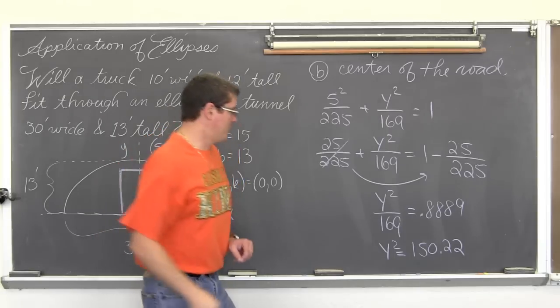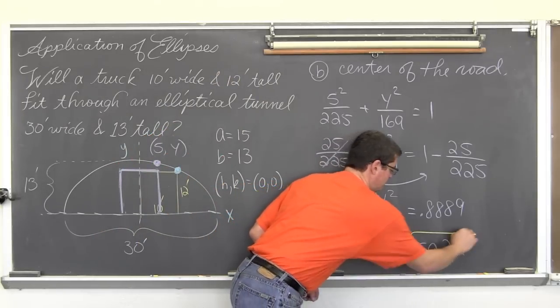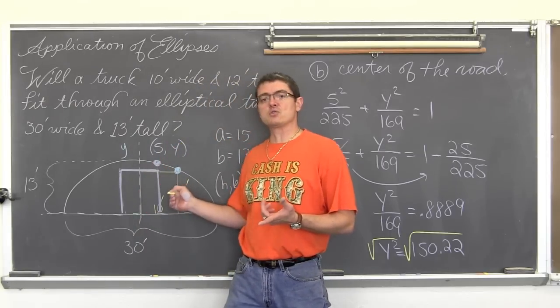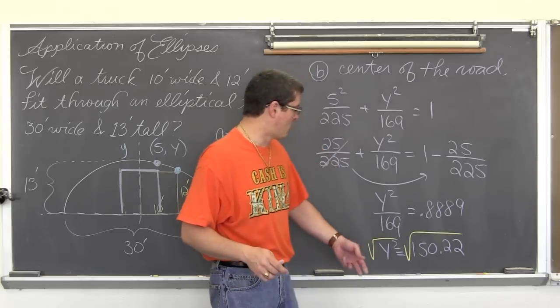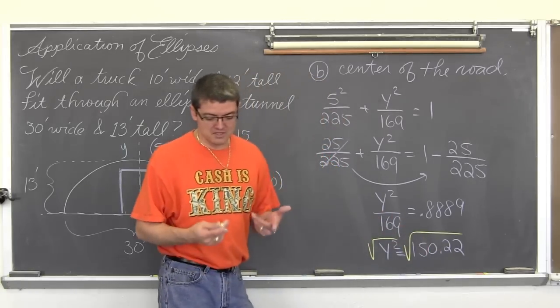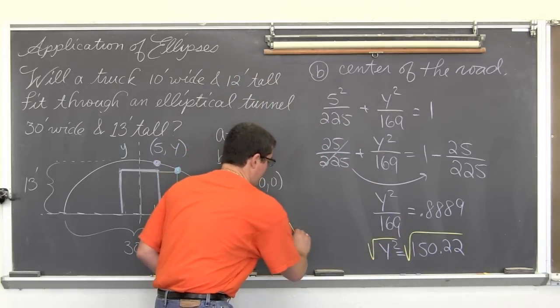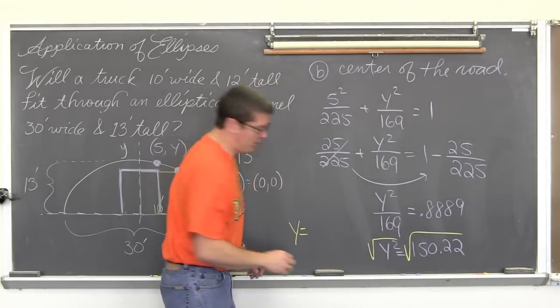And then in your last step, when you square root both sides, now the truck is only 12 feet tall, which is a pretty tall truck, but 12 squared is 144, and my squared value is 150. So I actually already know the truck is going to fit. But when you square root both sides, you get a y value that is equal to 12.26 feet.